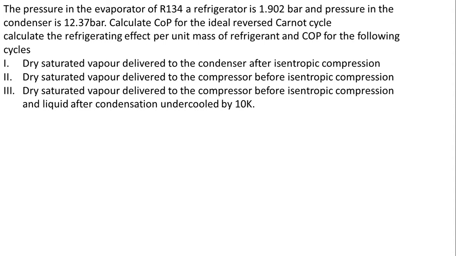Okay, so these three conditions are there. For that purpose, you have to find out the refrigerating effect per unit mass of refrigerant and COP of the refrigeration cycle. So these two quantities you have to find out.